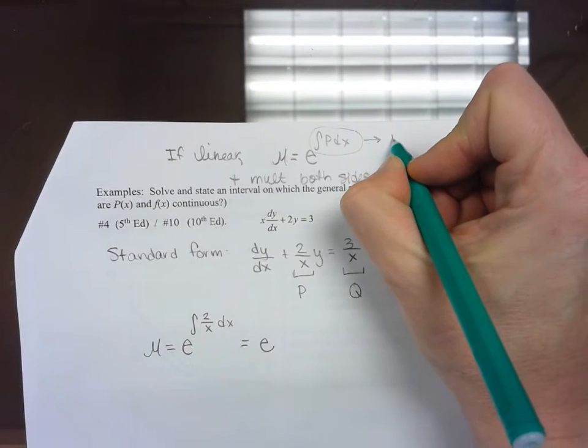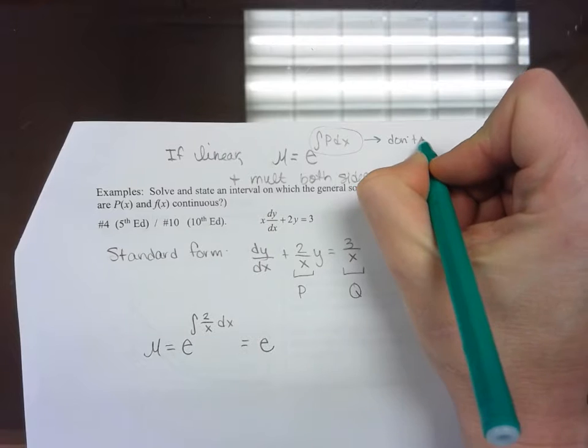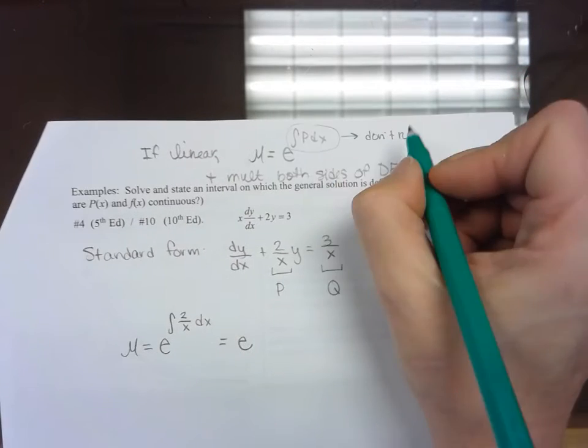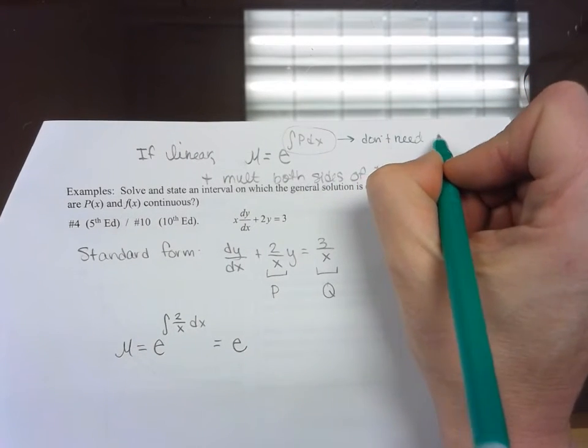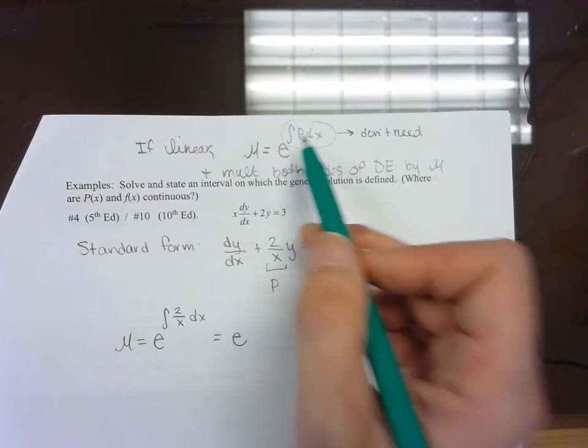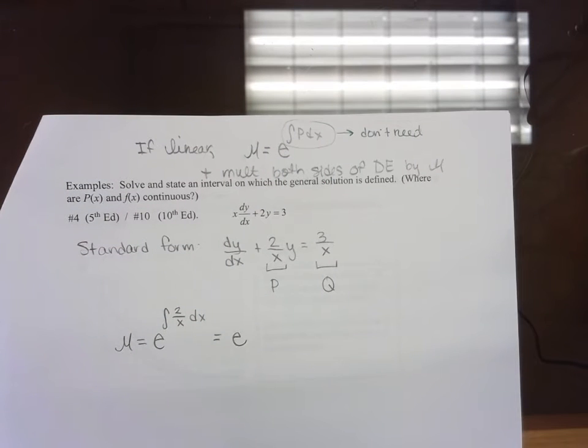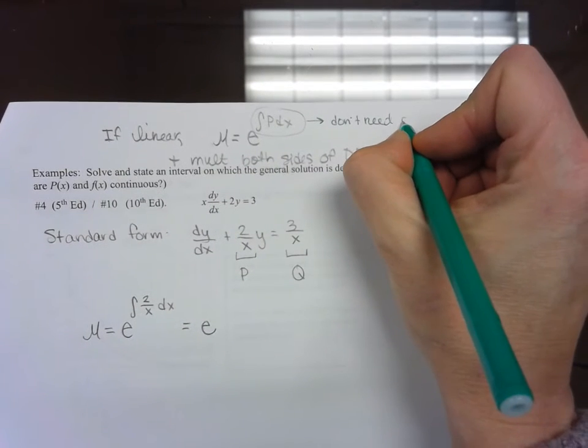You don't need a constant of integration because we just want to find a function that works. If you do a plus c, that gives you all the functions that work. If we just want one, why don't we use the easiest one, where c equals 0? So we don't need a constant of integration.